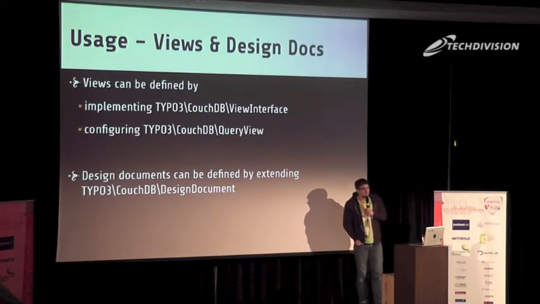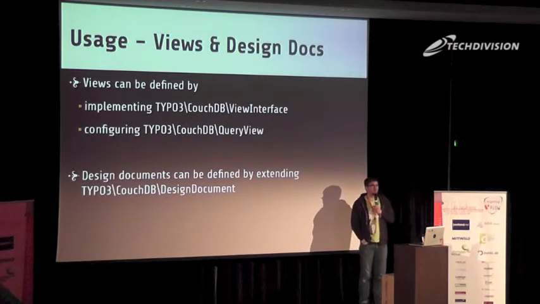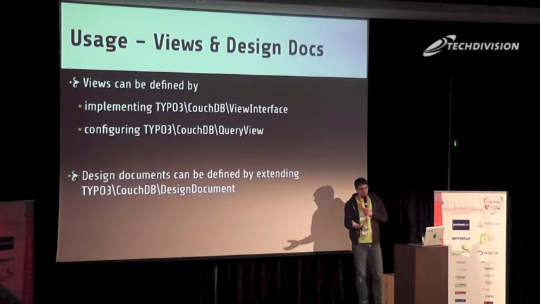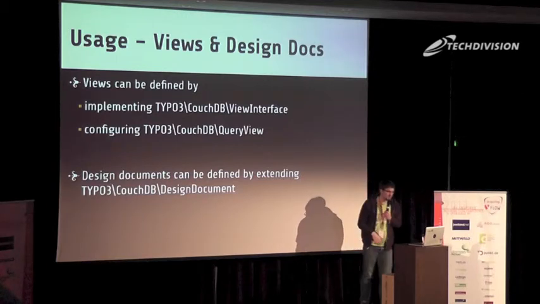And then the design docs, MapReduce queries and views and everything, you need to configure that somehow, because automatic creation of views only gets you to a certain point, and afterwards it will either produce something that's not working or that's really performing badly.